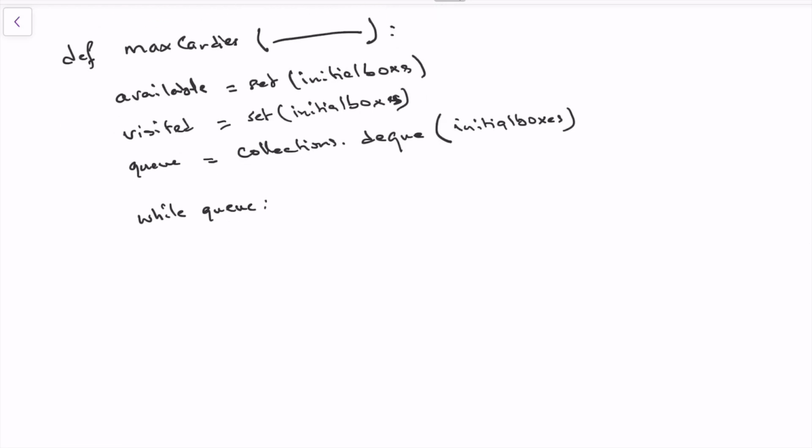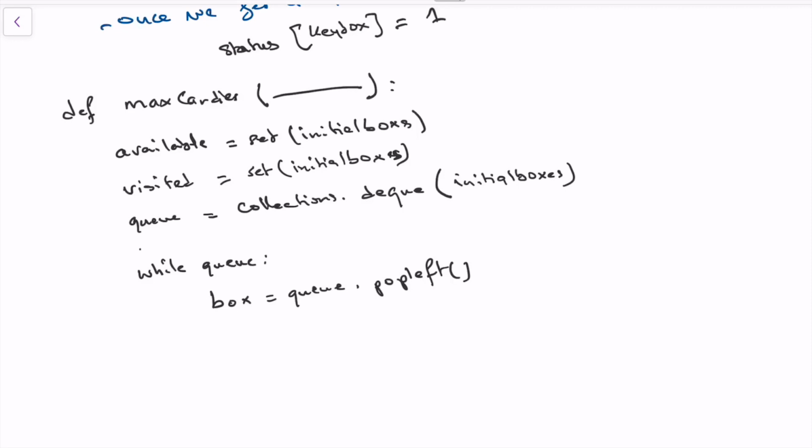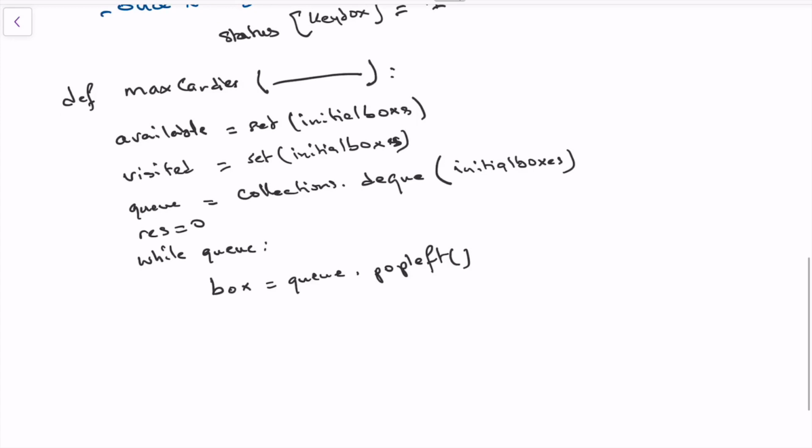And so the first thing we do is we get a box out of the queue so that we can process it, right? So we get it from the front, right? And then the next step is, well, we need to return the final result, right? Which is just the candies that we obtained, the maximum candies that we obtained. Basically with this, we will get as many candies as we can. We won't stop until we can't get any more candies, and that way we'll get the max candies possible, right?